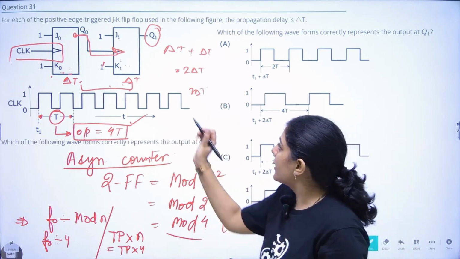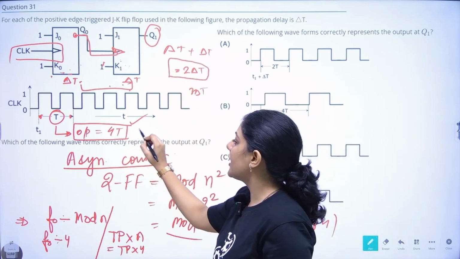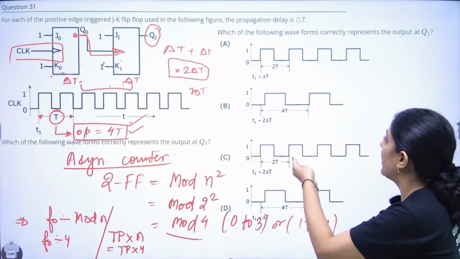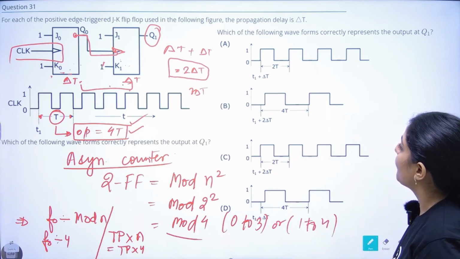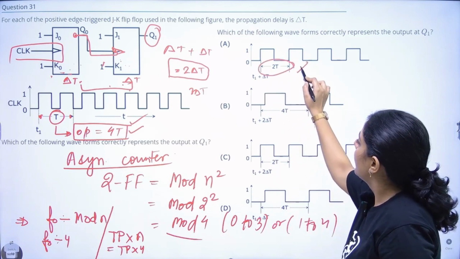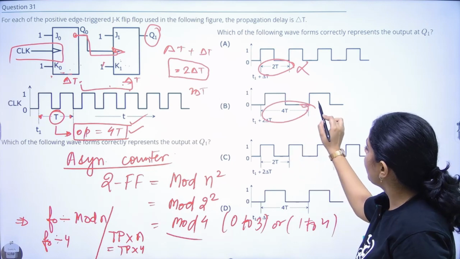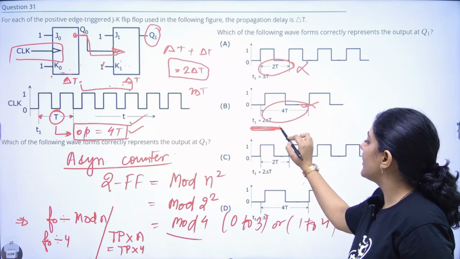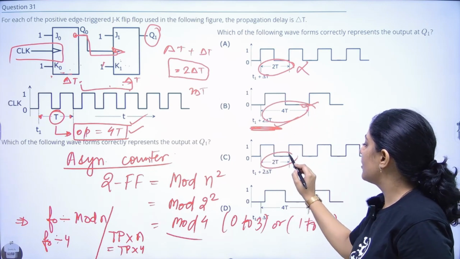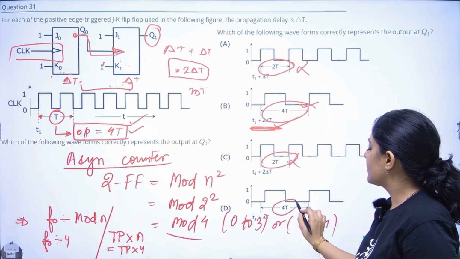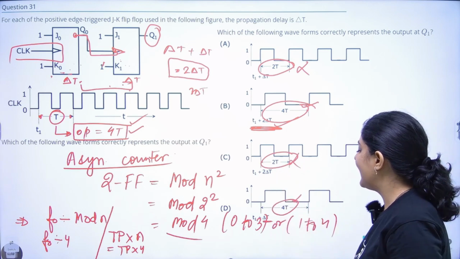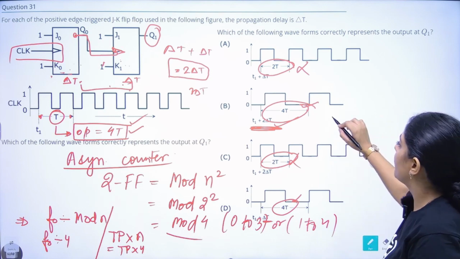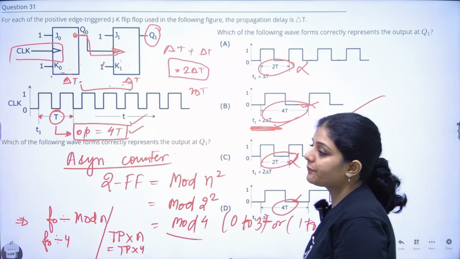So what will be the total delay? Now you check the waveform. So this time period is 2t? No. This time period is 4t and delay added is 2 delta t, right? This is not. This is also not, because delay added is just delta t. So B will become your correct option.